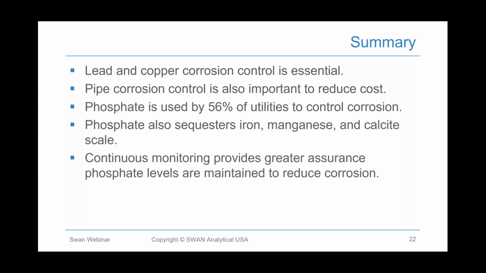Continuous monitoring, I think we can agree, is preferred over snapshot or grab sample monitoring if we have an instrument that's affordable, that is easy to maintain, and the quality of the instrument is such that we know we can be confident in buying the instrument.